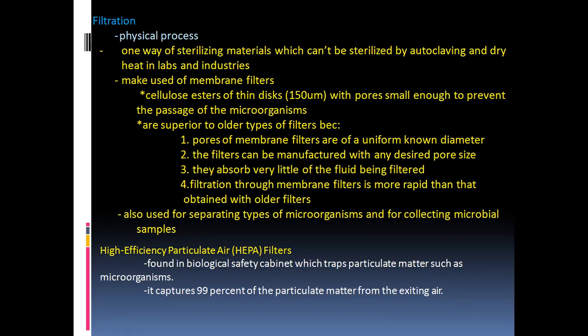This filtration process is superior to older types of filters because the pores of the membrane filters are of a uniform known diameter. The filter can be manufactured with any desired pore size. They absorb very little of the fluid being filtered, and filtration through the membrane filter is more rapid than that obtained with the older traditional filters. It is also used for separating types of microorganisms and for collecting microbial samples which are collected on the membrane.